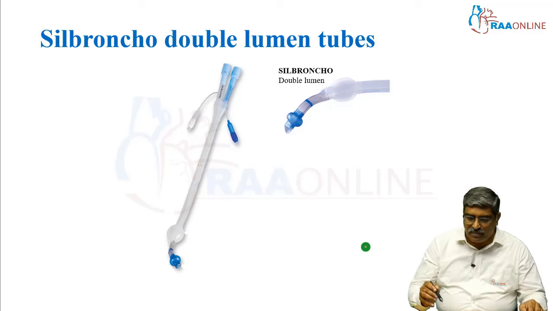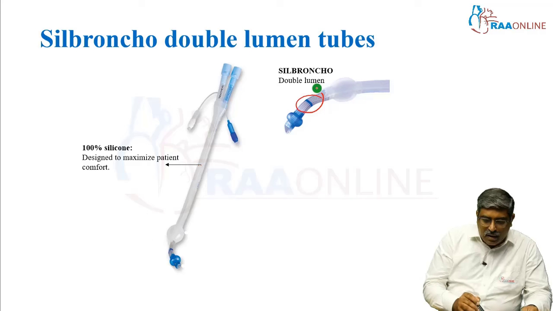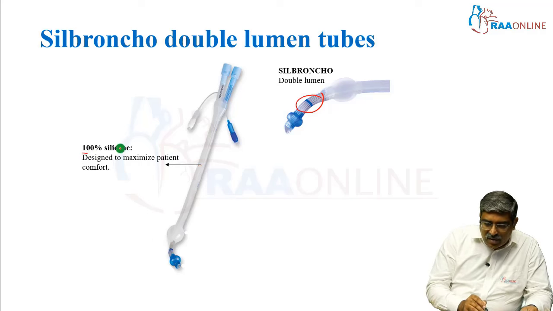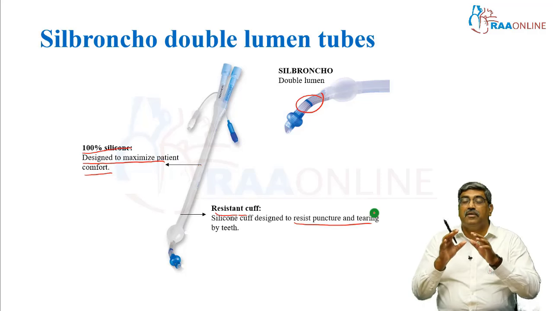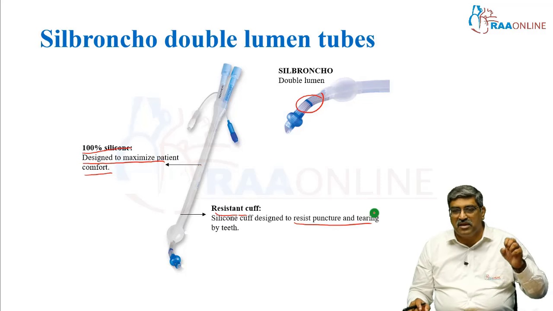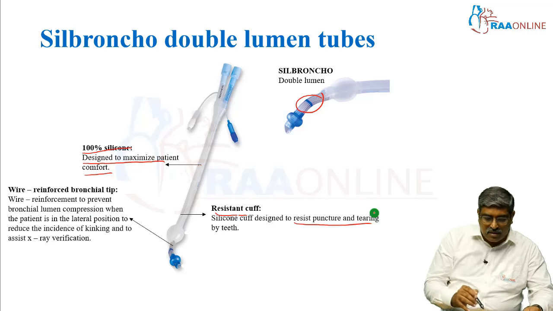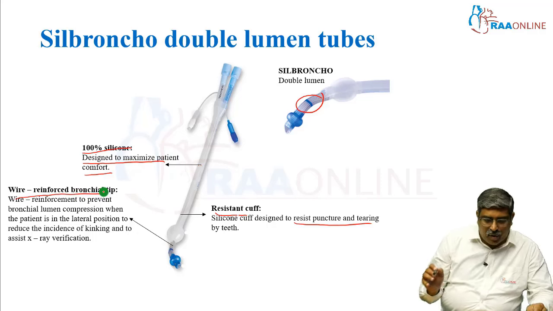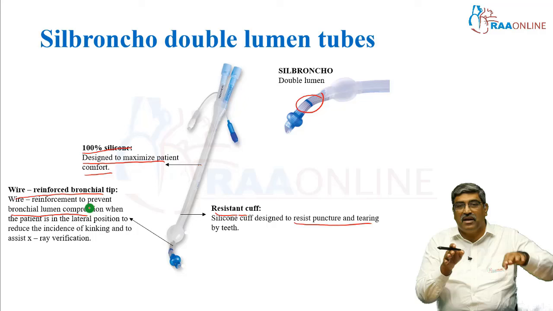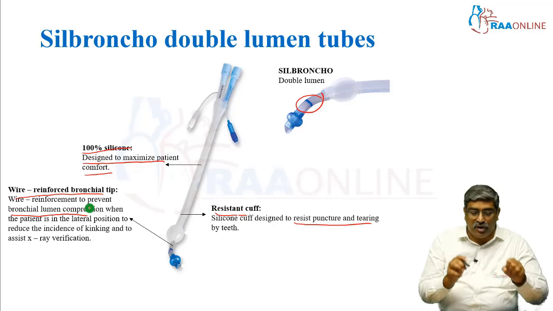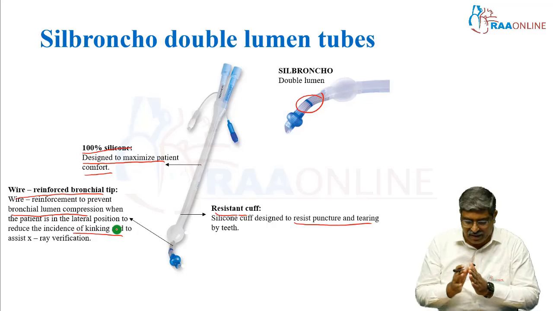So, you have the siliconized endobronchial tube. It is 100% silicone, designed to maximize patient comfort. There is a resistant cuff which is designed to resist puncture and tearing by teeth. The wire reinforced bronchial tube prevents bronchial lumen compression when the patient is in lateral position, reduces the incidence of kinking and assists X-ray verification.